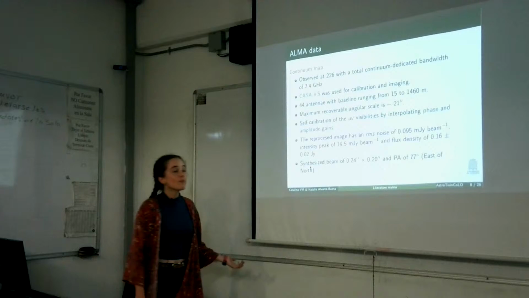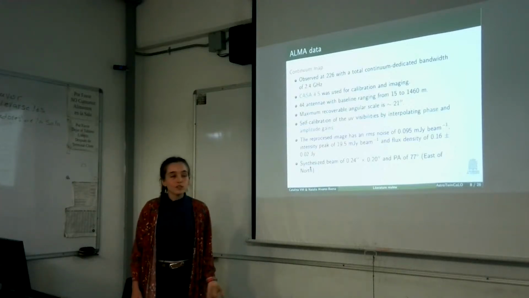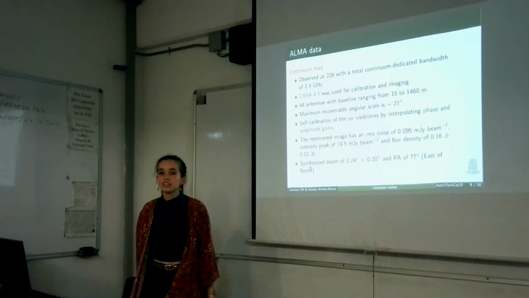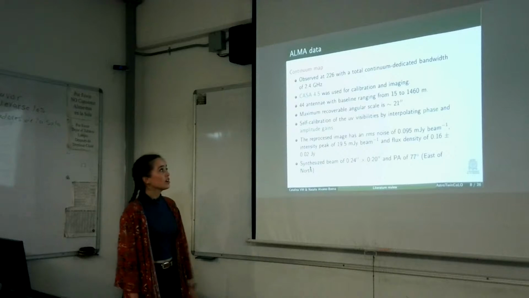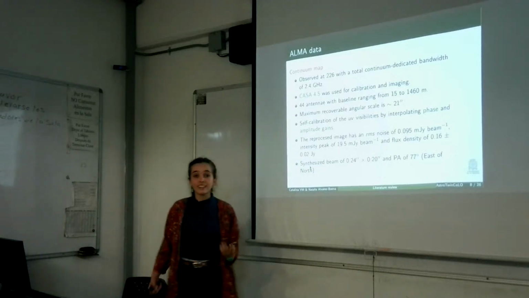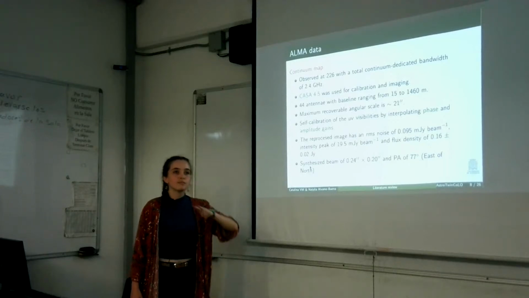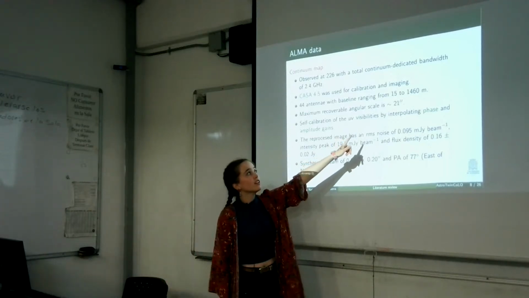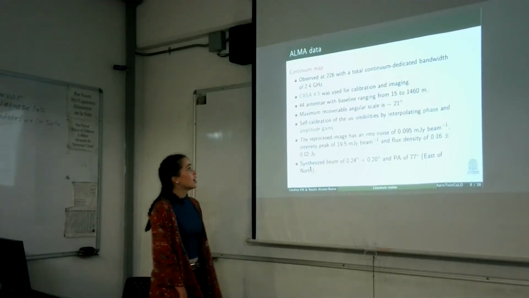For the continuum map, they used 20.4 gigahertz of bandwidth of the continuum. There were 44 antennas with baselines ranging from 15 to 1,460 meters.